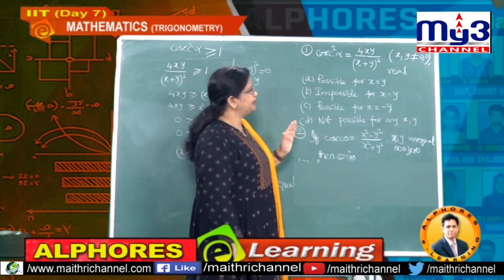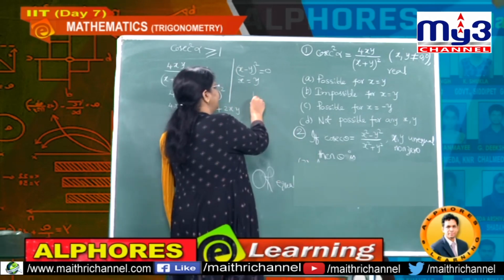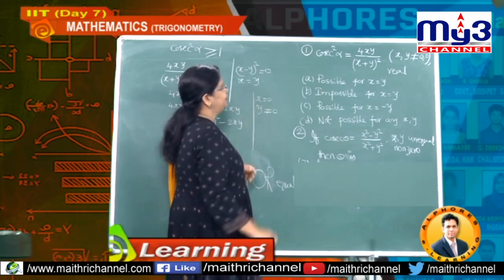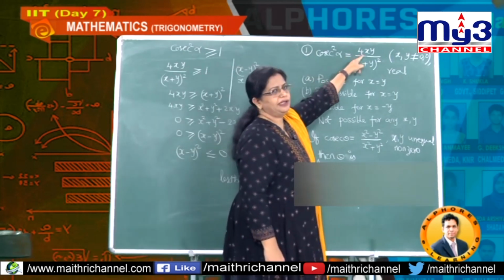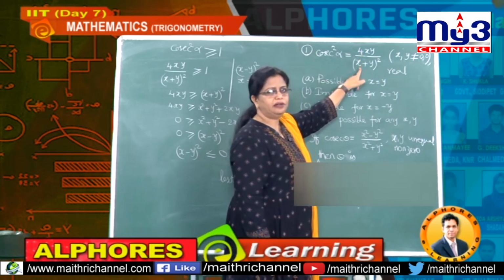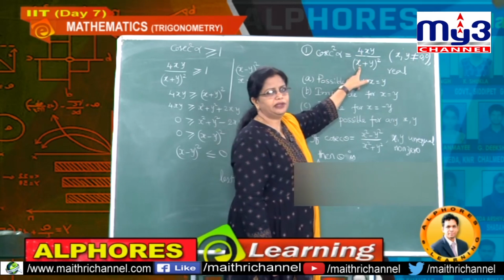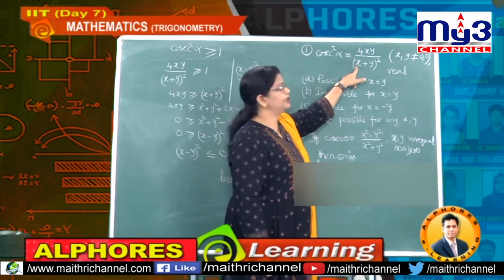Even suppose x is 0, y not equal to 0. Understand? Then what will happen here? If I put x as 0, the numerator is 0, and the denominator you will get is x square or y square, a finite value. 0 by a finite value, the answer is always 0.